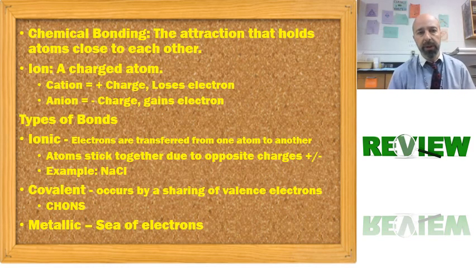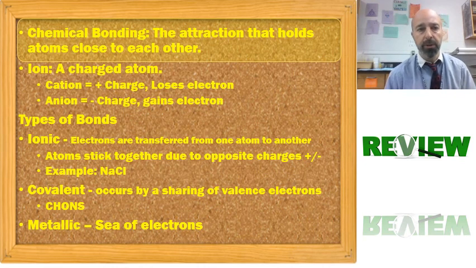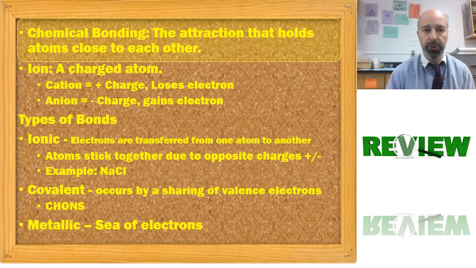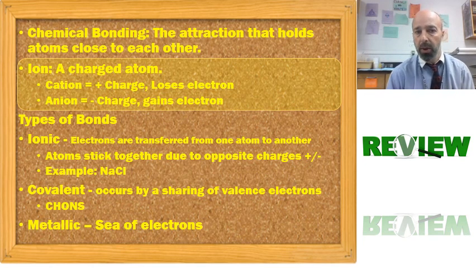All right, so we're really getting into some serious chemistry now. So we have the whole concept. This entire video really is describing how chemistry works. So first of all, chemical bonding is the attraction that holds atoms close together, and this all has to do with ions becoming charged particles, right? Charged atoms.